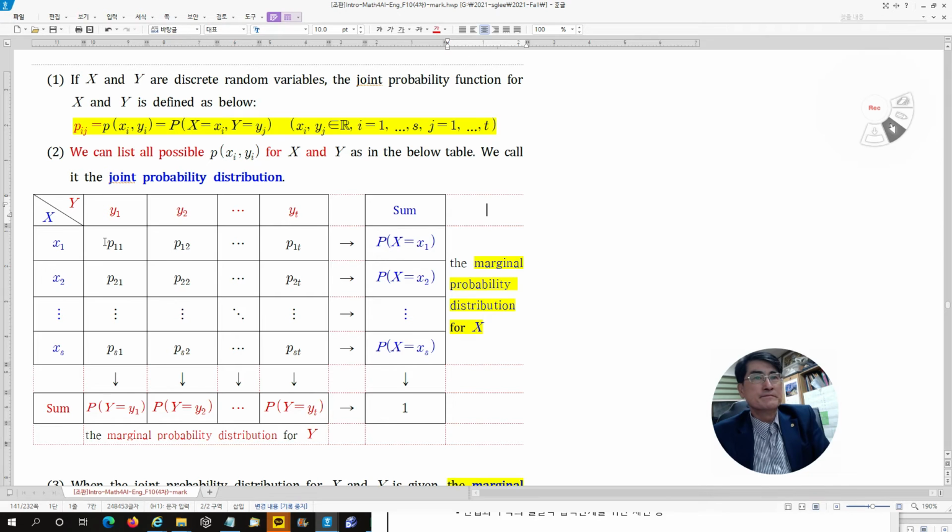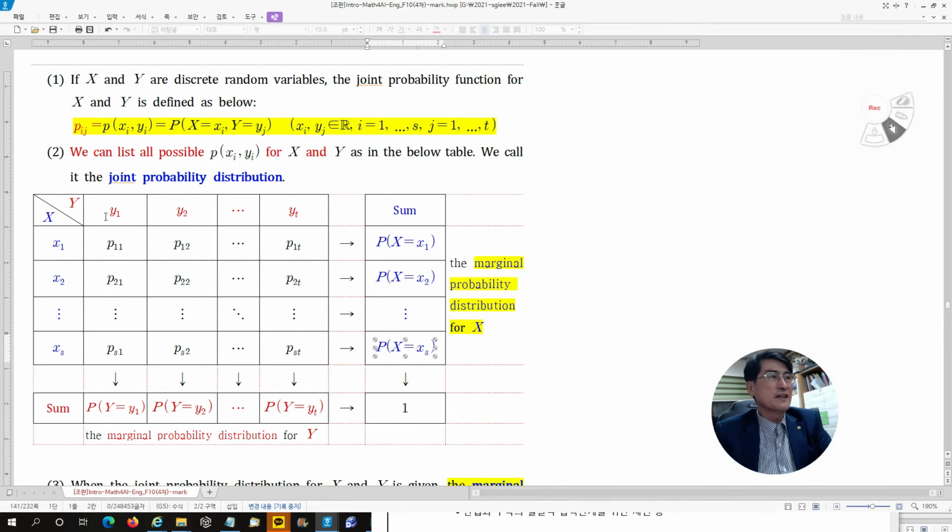We call the sum of these in a row, which we write as P of X is equal to x1, the marginal probability distribution when capital X is equal to little x1. And the sum of the second row can be written as the probability of when capital X is equal to little x2, and so on.